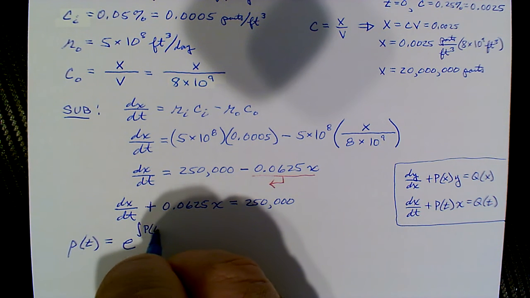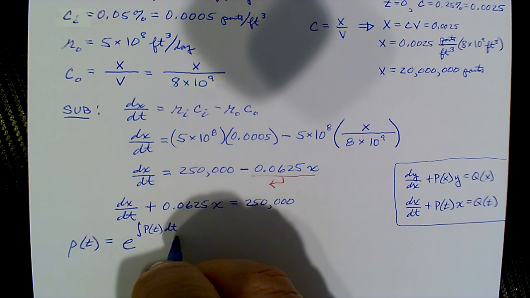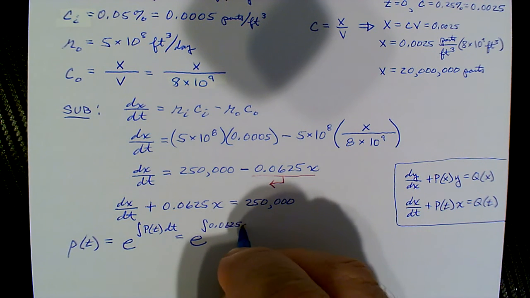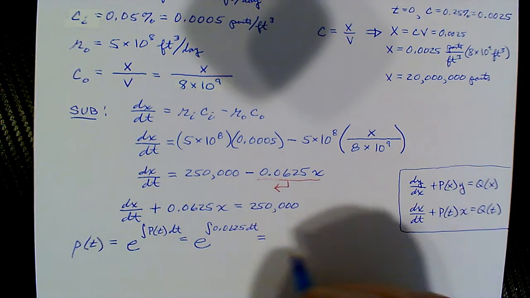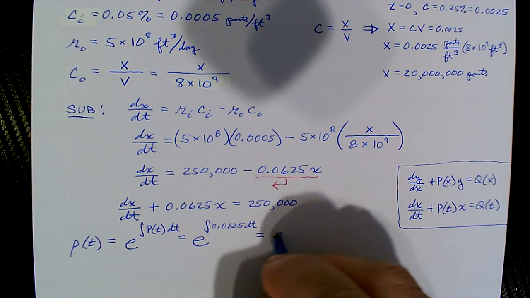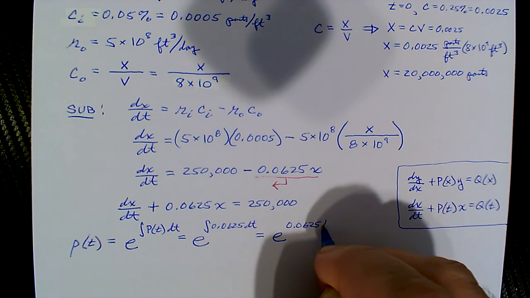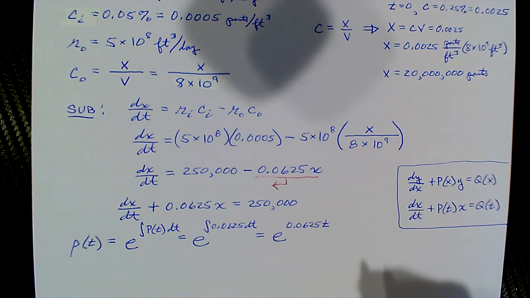So e to the integral of p of t with respect to t. That would be e to the integral of 0.0625, but with respect to t. So that gives us e to the 0.0625t.